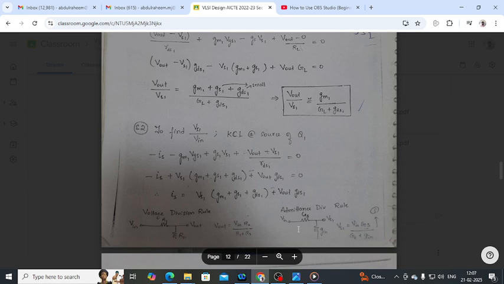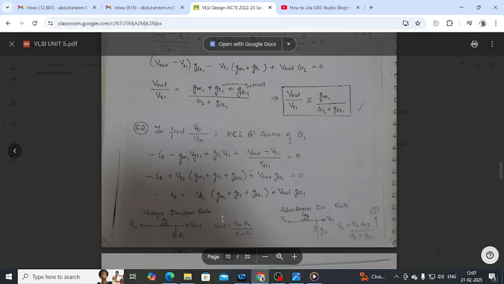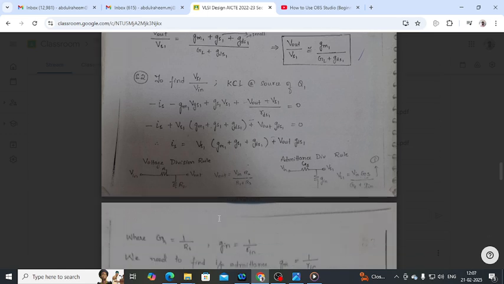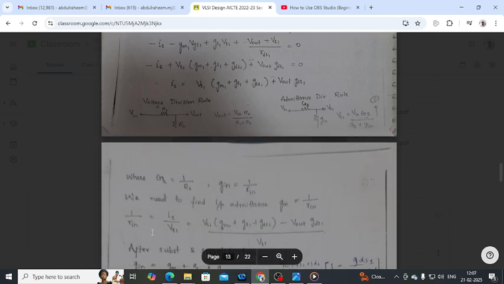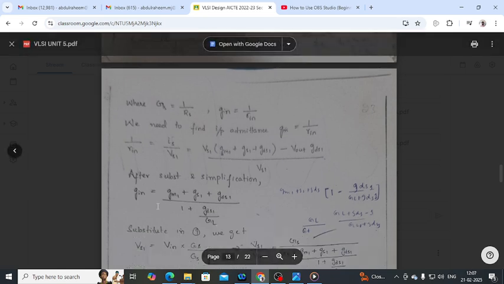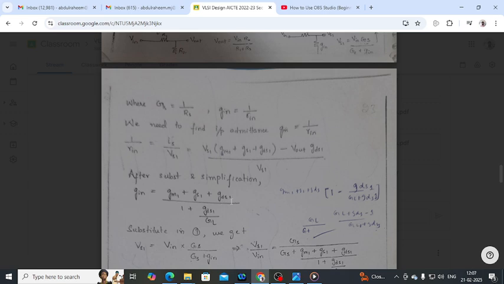So we need to find the input admittance, that is your input resistance Rin. 1 by Rin can be written as I by V. So after simplification you get gm1 plus gs1 plus gds1 by 1 plus gds by gl.